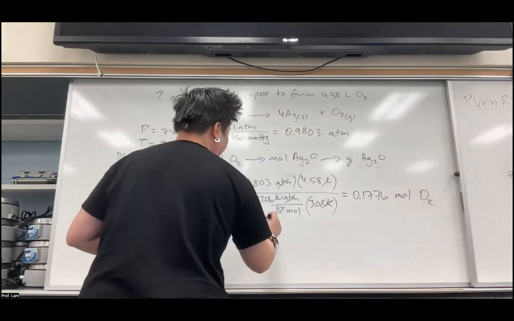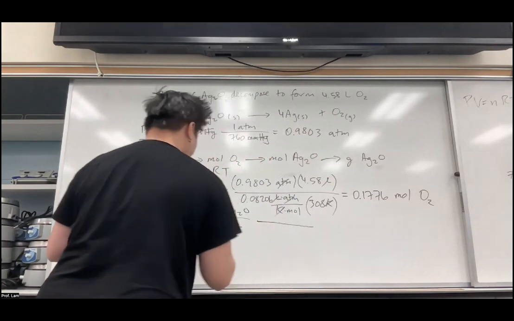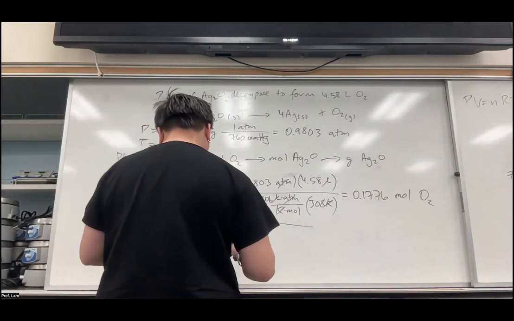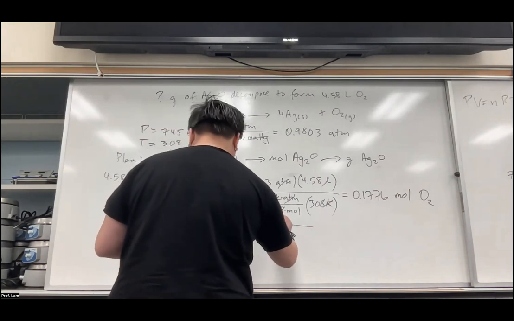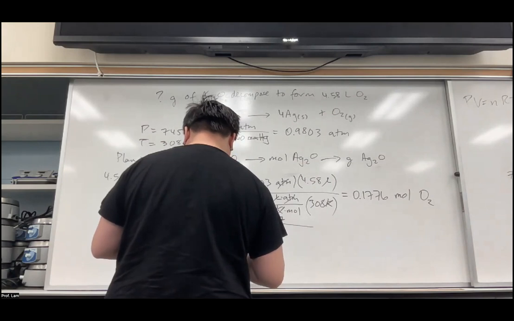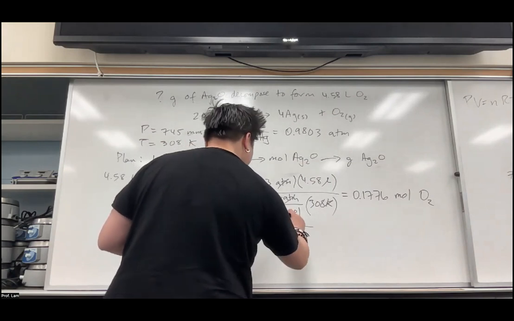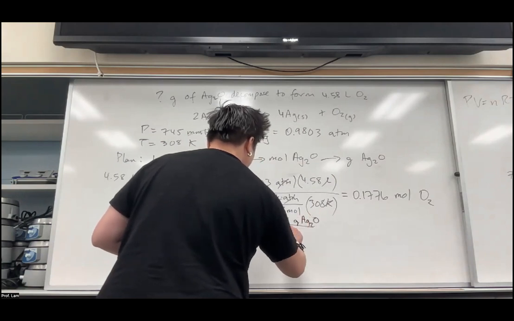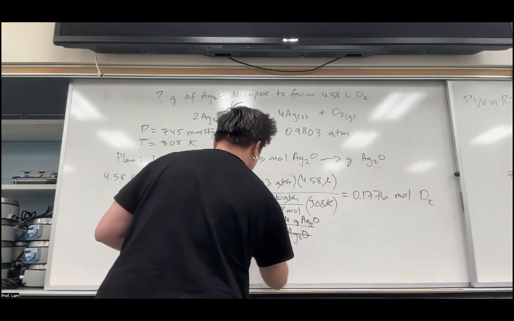And then to get to mass, we need the molar mass of Ag2O, which is 231.74 grams of Ag2O on top and 1 mole of Ag2O on bottom.